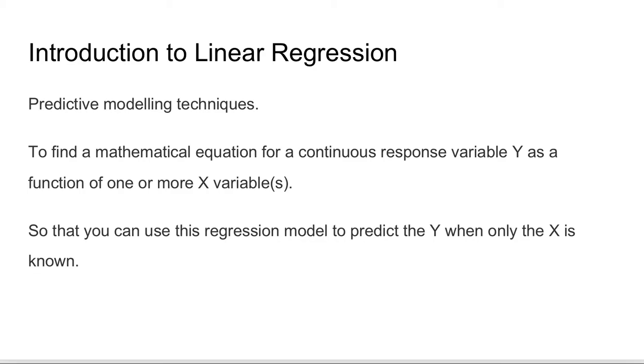It is used to find a mathematical equation for a continuous response variable y, which is called the dependent variable, as a function of one or more x variables, which are called independent variables. So you can use this regression model to predict y when only x is known.